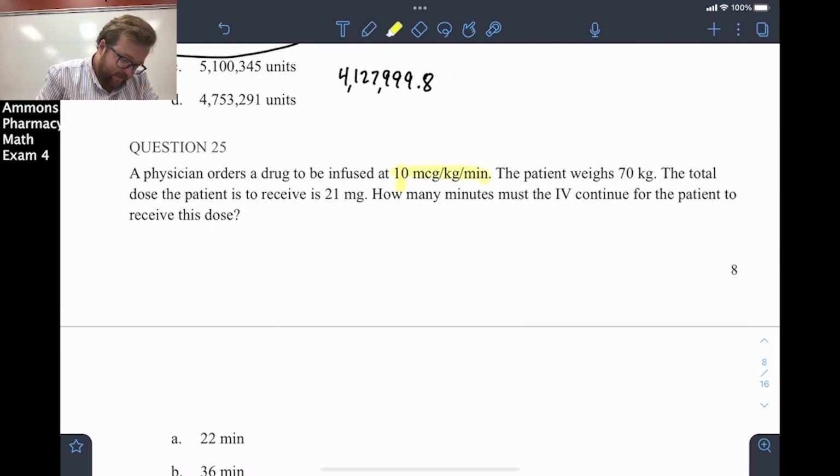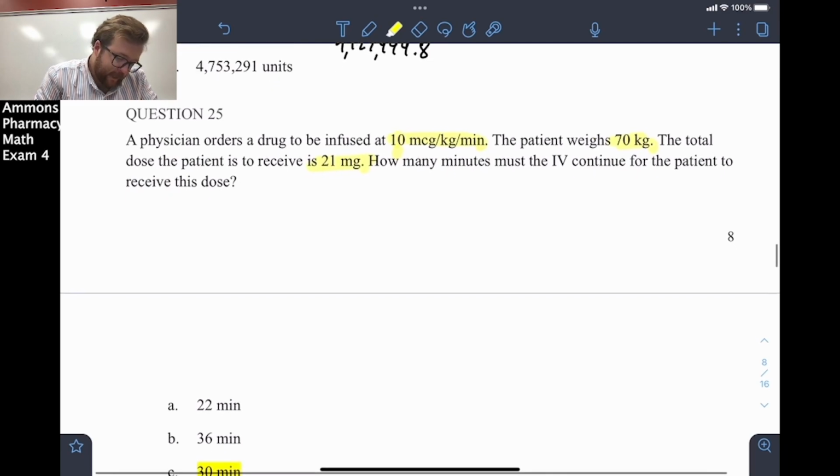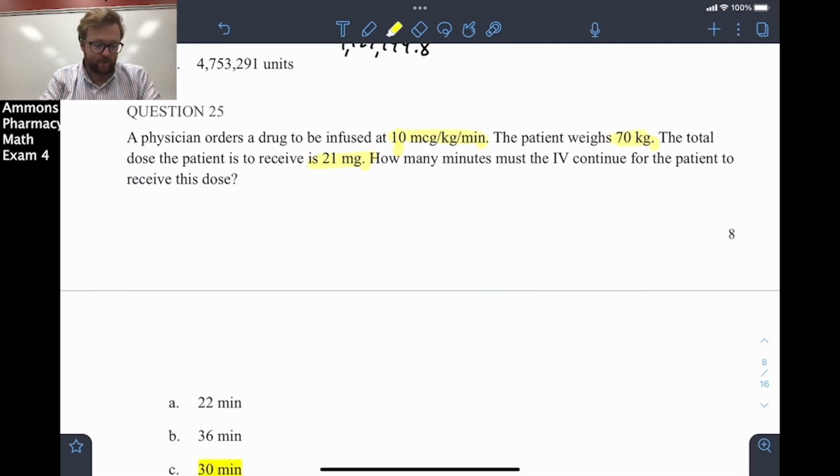10 micrograms per kilogram per minute. He weighs 70 kilos. We don't have to convert. The total dose the patient has to receive is 21 milligrams. How many minutes must it go for the patient to get the dose? Okay, so this one's a little backwards.